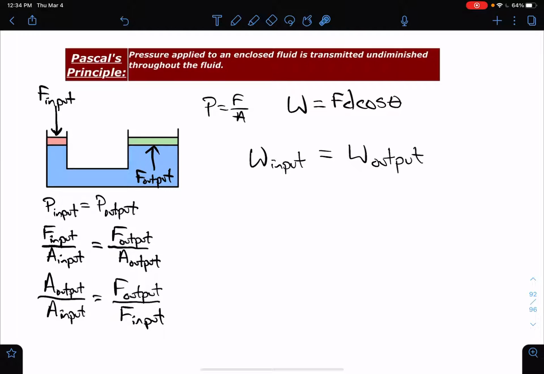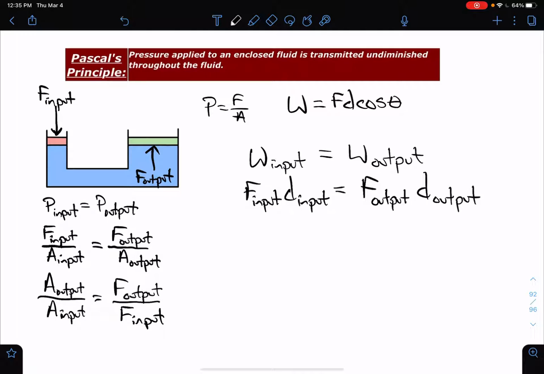So the output force and the motion of the output piston are going to be in the same direction. So cosine of 0 is 1. That means that I just have my input force times the distance that the piston moves. That has to equal the output force times the output distance.